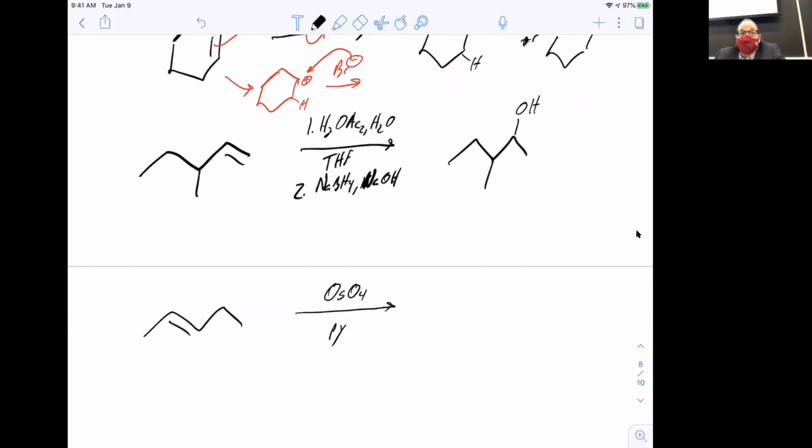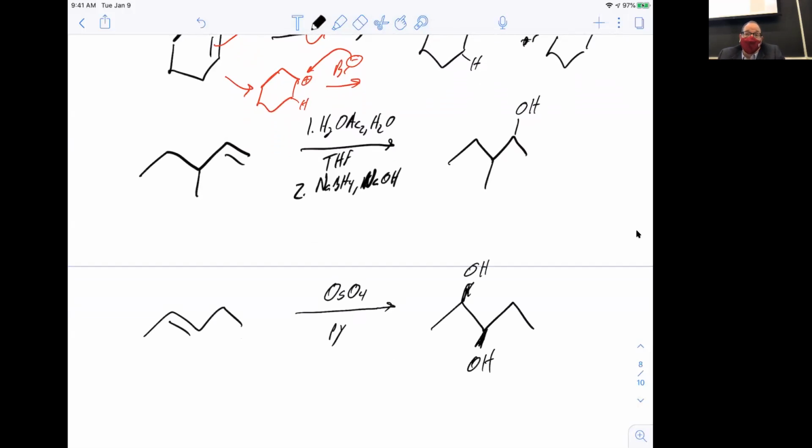The third, we're getting osmium tetraoxide. This one we don't really have a mechanism for, but osmium tetraoxide is going to form a syn dihydroxylation. So if I show this, that's the product. Some of these you'll have the mechanisms to work through.